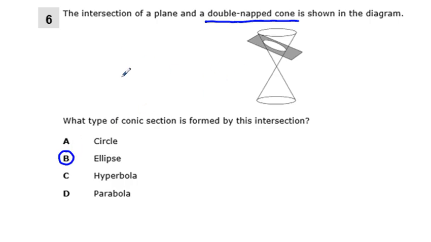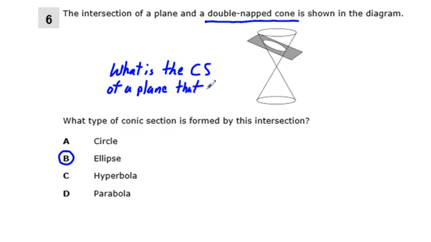Now, if you're given a word problem, it says, what is the conic section, and I'll just abbreviate conic section CS, of a plane that is parallel to the base of a double napped cone?